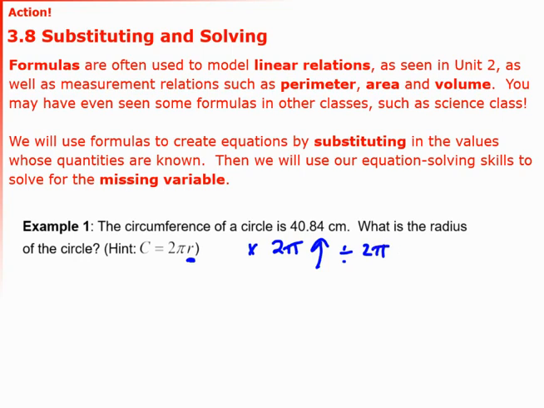So let's do that rearrangement first, and then we will substitute for the c. So first things first, we will divide both sides by 2 pi. C equals 2 pi r. So like we said we would do, we're going to divide both sides by 2 pi.